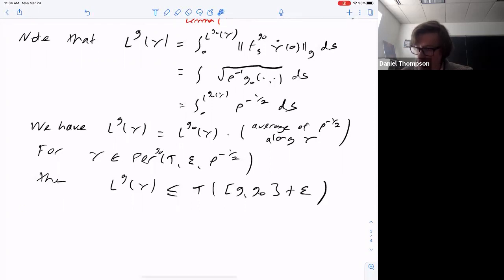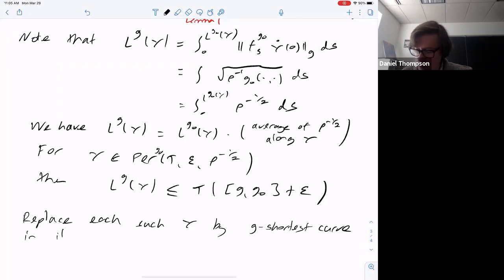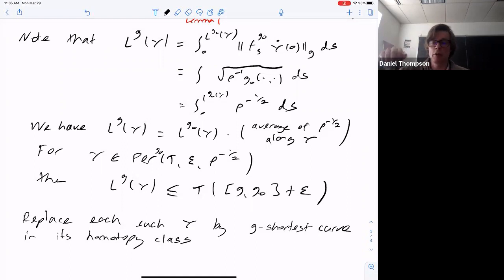Now, a trick we saw last time. Replace each such gamma by the G-shortest curve in its homotopy class. Remember we talked about this last time, it's important, so it's worth saying again. Gamma was a closed geodesic as far as G0 was concerned.